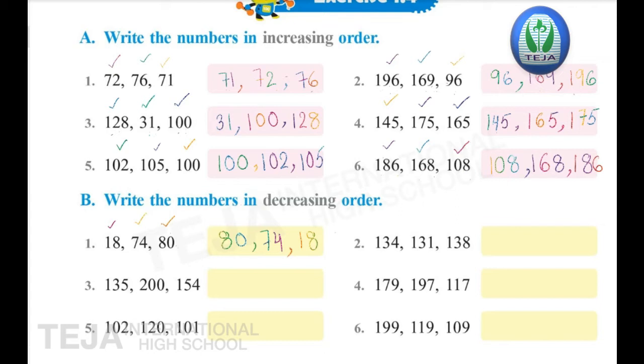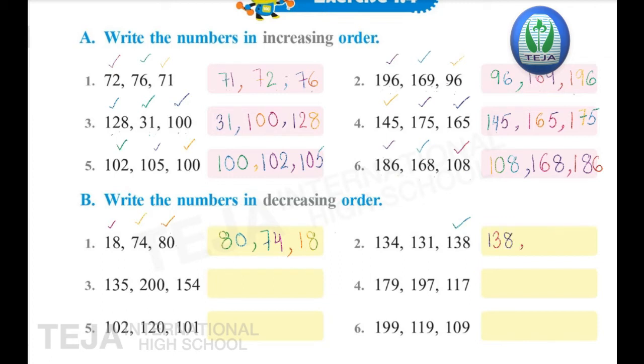Now second question. The numbers in the second question are 134, 131 and 138. So now you have to pick the greatest number. Here 138 is the greatest number among these three numbers. So write 138 in the box.